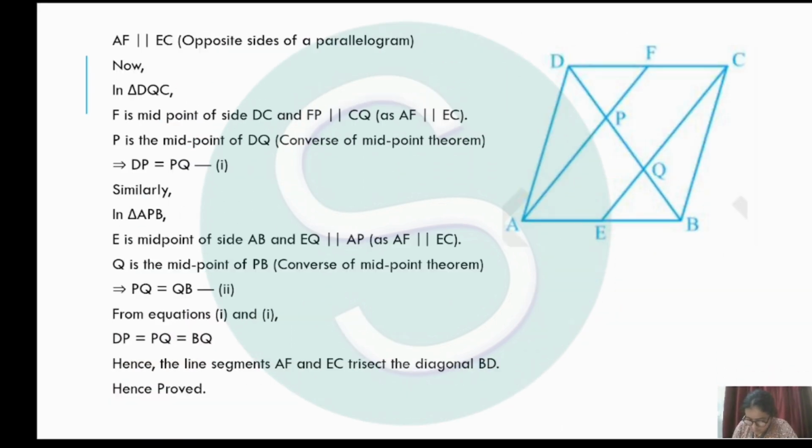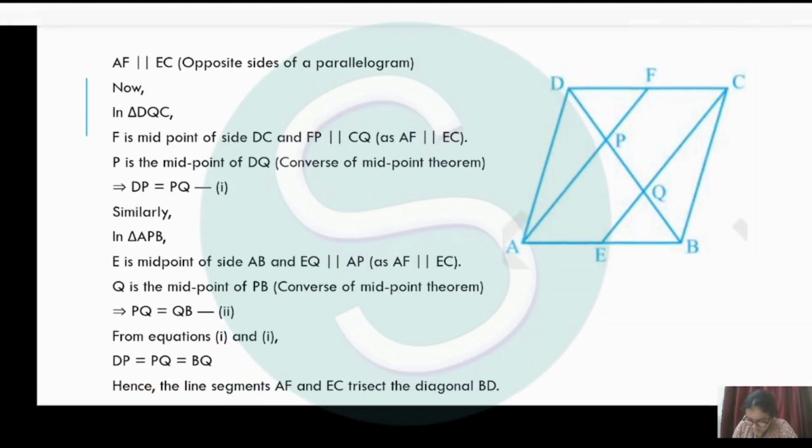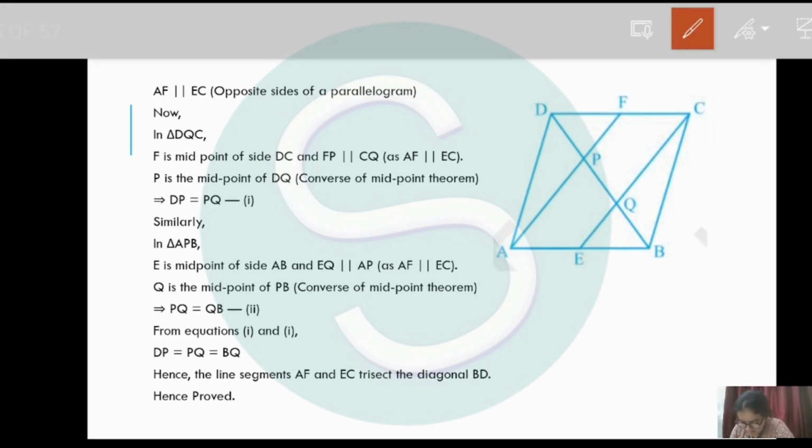Now अब हम क्या प्रूव करेंगे कि in triangle DQC, in this triangle हमने ये प्रूफ किया था दैट AECF इज अ पैरेललोग्राम, राइट. दिस साइड इज पैरेलल एंड इक्वल टू दिस साइड.